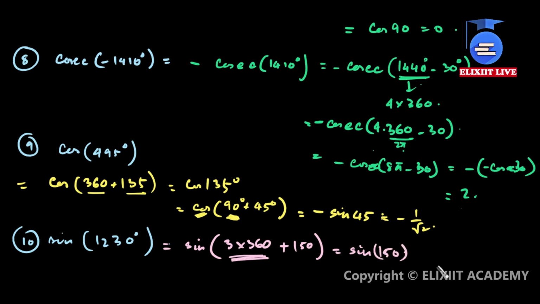Sine 150 is sine of 180 minus 30. 180 minus theta is basically the second quadrant, so this is sine 30, which is half. This way you can do it, or you might have done it in some different way. That is also fine. But half is the answer.